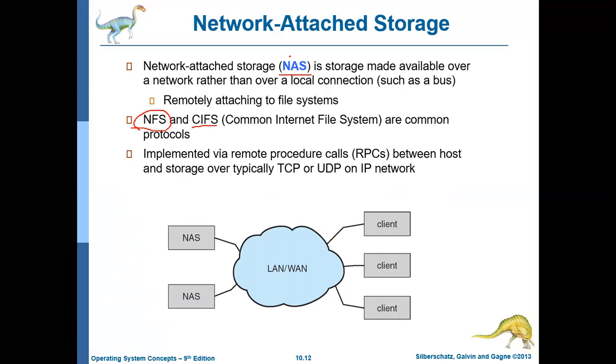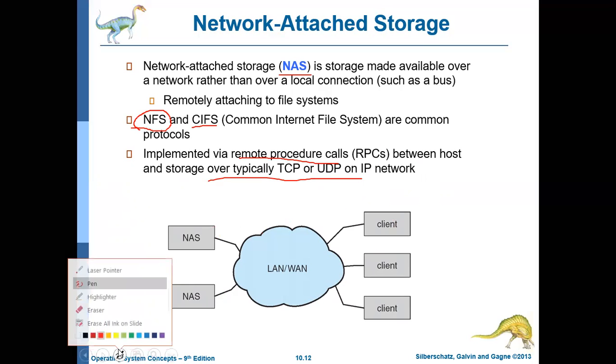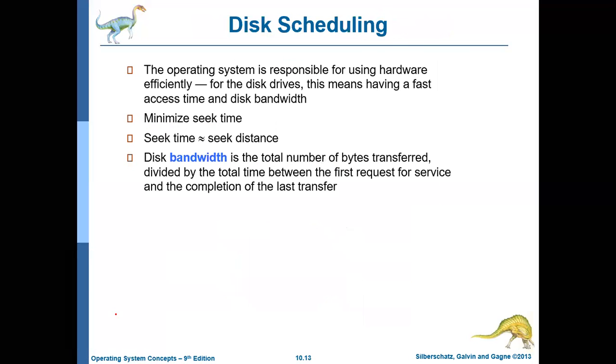The client will request more storage, or access the particular storage devices, using RPCs, remote procedure calls. Basically, remote procedure calls between the host and the storage are used over TCP or UDP on the IP network. Using TCP or UDP through remote procedure calls, these clients can access these storage devices. That is the overall concept.